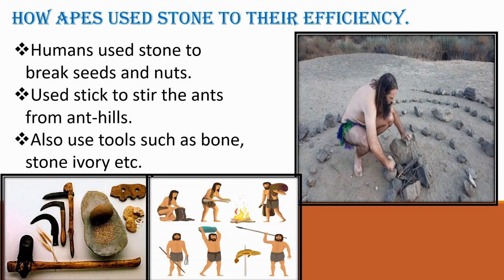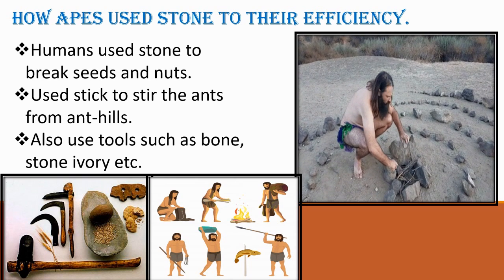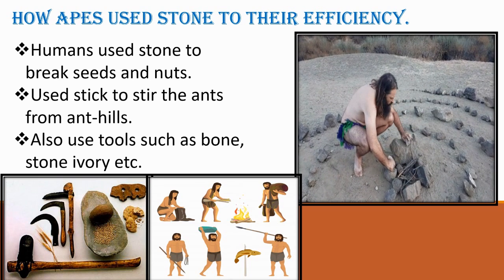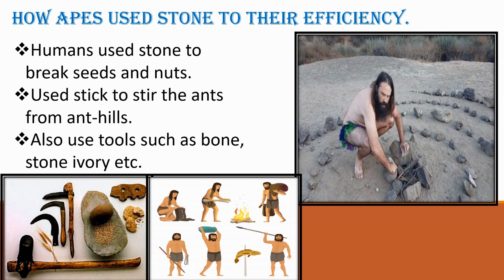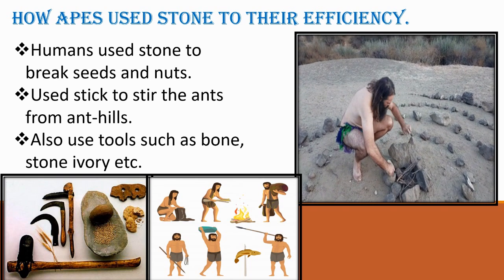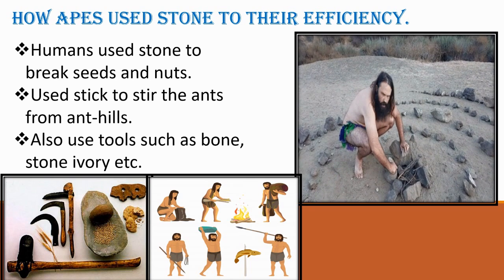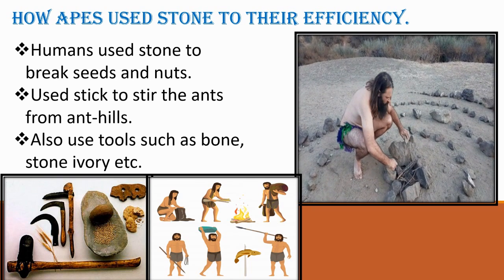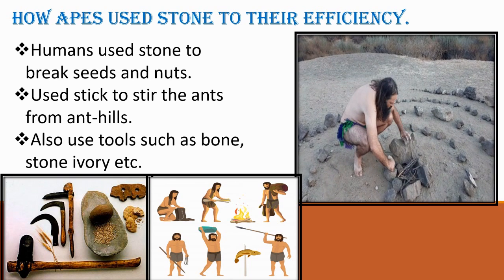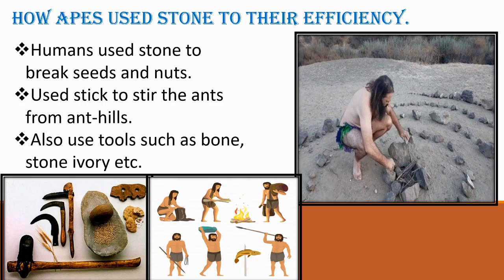They use stone to break seeds or nuts. They also use sticks to stir the ants from the ant hills to catch them and eat them. So humans always started using tools such as bones, stones, dried twigs and sticks in olden times.